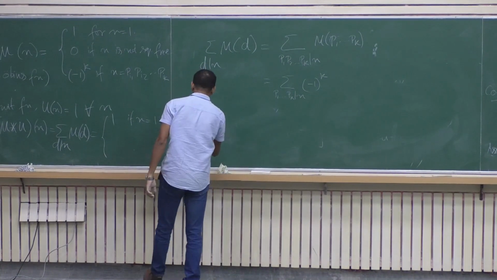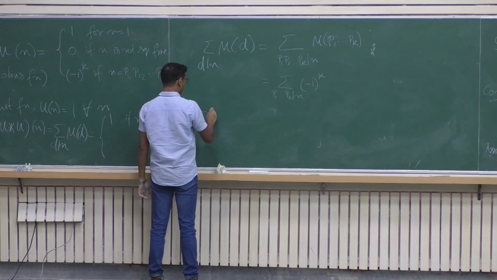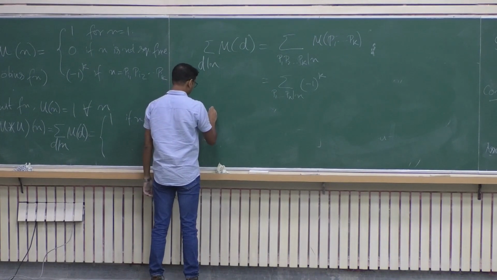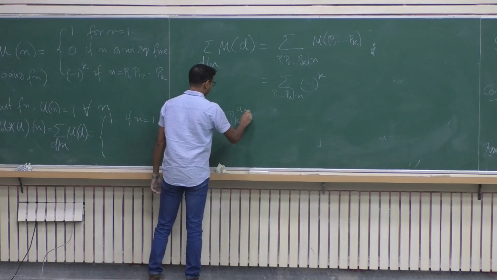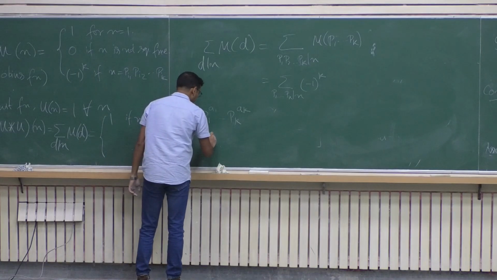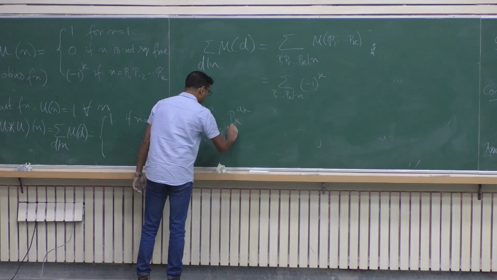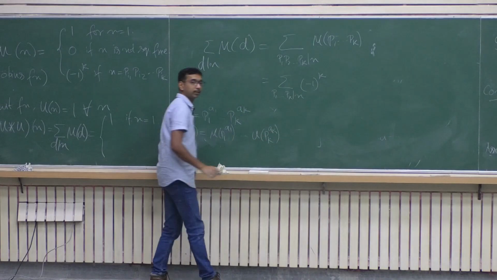Of course, yes. So we write n as p1 power a1 ... pk power ak, and then mu of n is equal to mu of p1 ... mu of pk power ak, right?